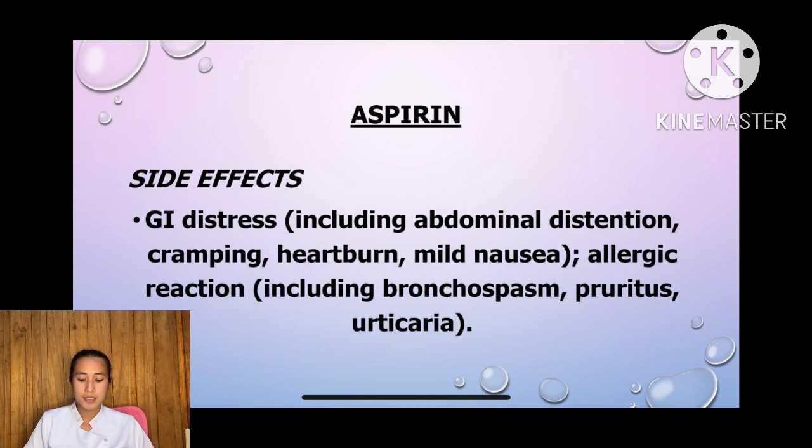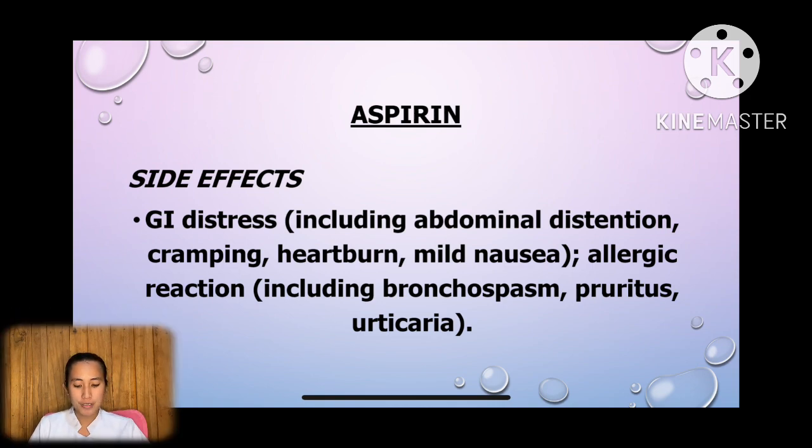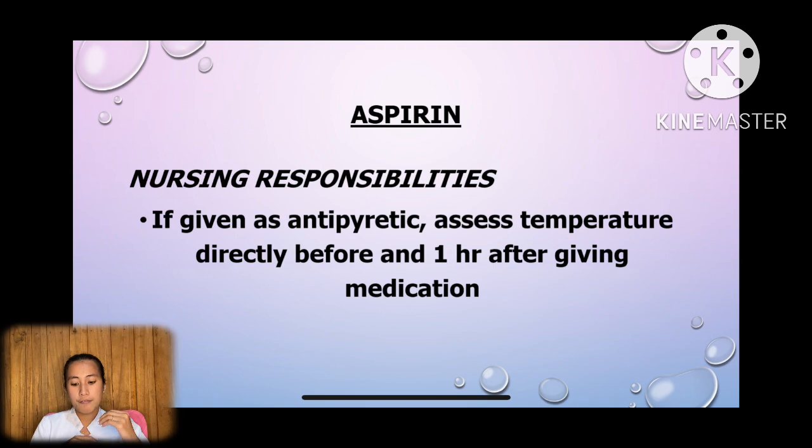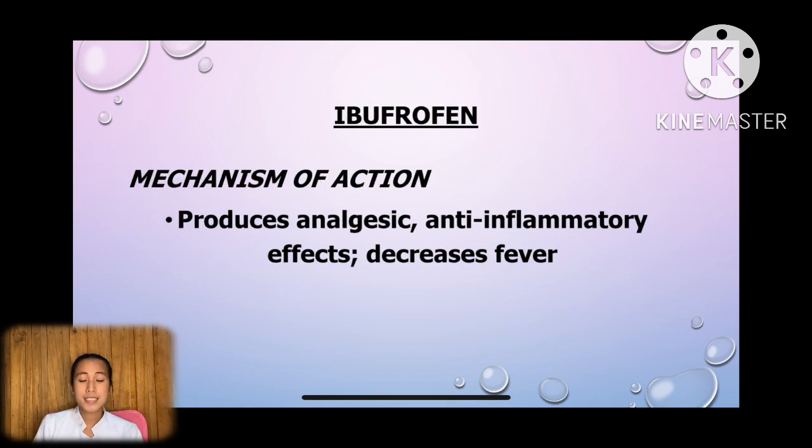Its side effects are GI distress, including abdominal distension, cramping, heartburn, and mild nausea, and allergic reactions, including bronchospasm, pruritus, and urticaria. So these are the side effects of taking aspirin. Its nursing responsibility is that if given as an antipyretic, assess temperature directly before and 1 hour after giving the medication. Last is the ibuprofen.